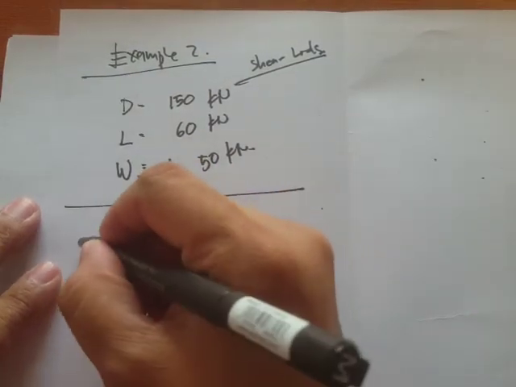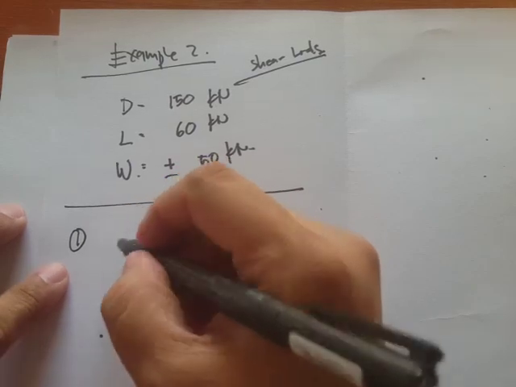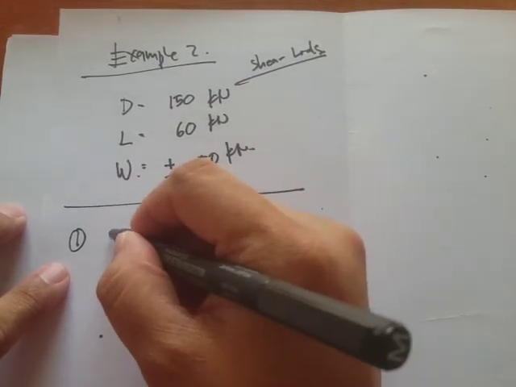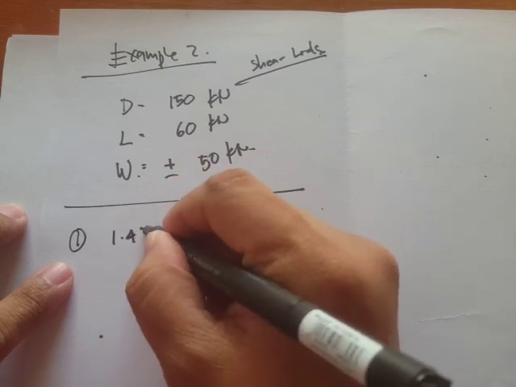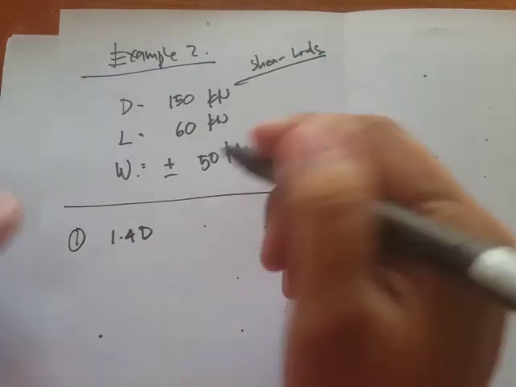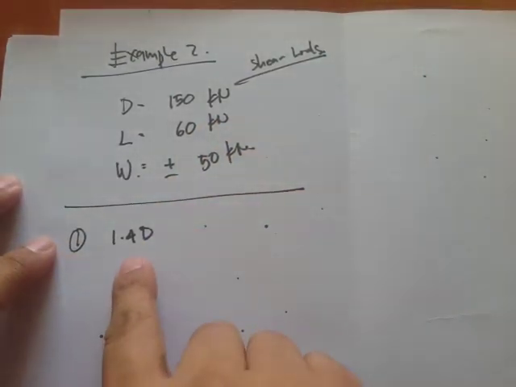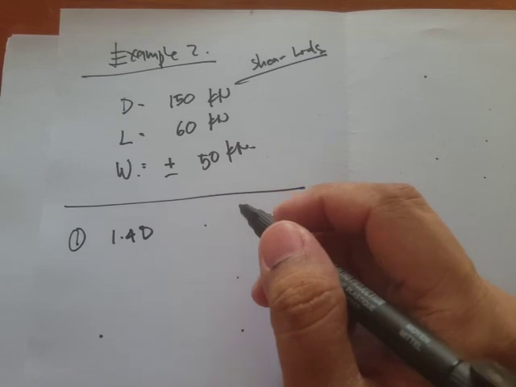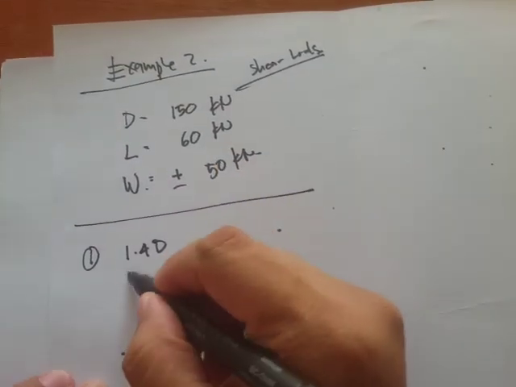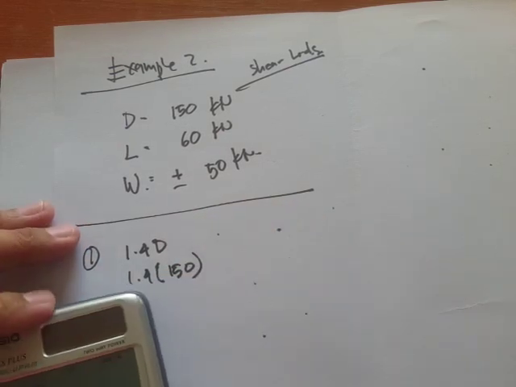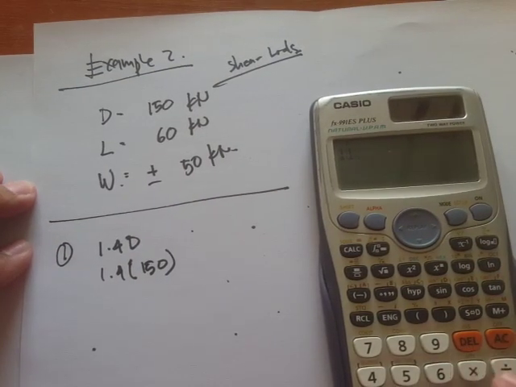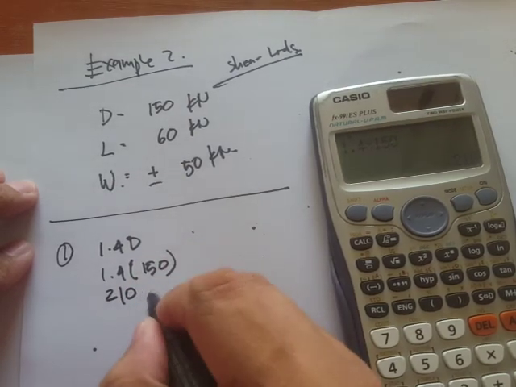Okay, so first we'll check the loading number 1. So load combination number 1, we have a 1.4 dead plus the flood loads. So since we don't have flood loads, then that's just this simplified expression. So 1.4 dead. So let's substitute the value of dead loads. We have 150. So we have 1.4 times 150. So we have 210 kilonewtons.